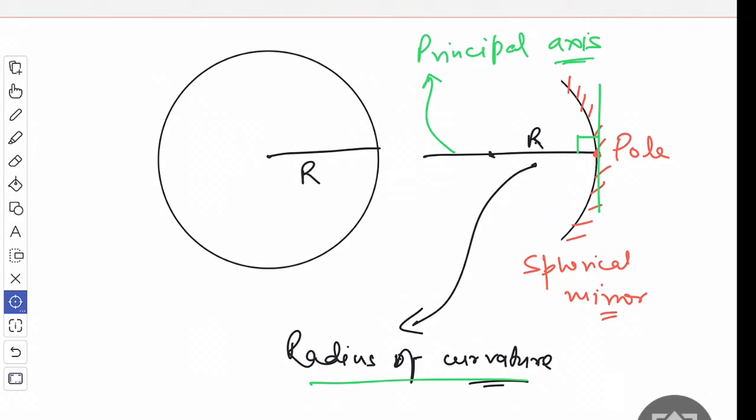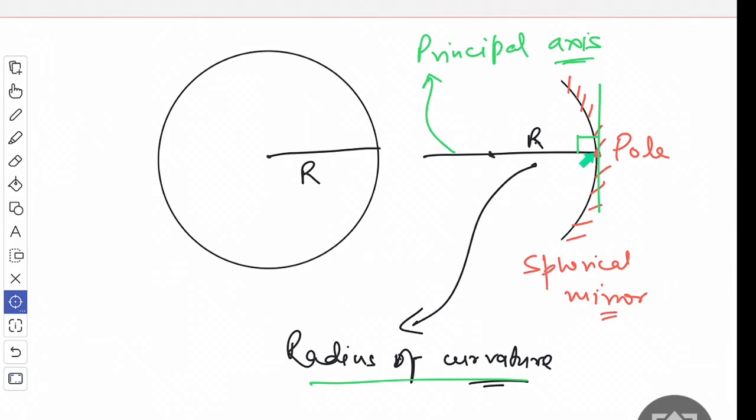I'll give you maybe half a minute or so to write these down. Once again, do not copy from the screen. Take a look, understand, and then write it down. Core ideas, I'll repeat. A sphere has a radius. If we cut a part of it, we get a mirror which is part of a sphere, so we call it a spherical mirror.